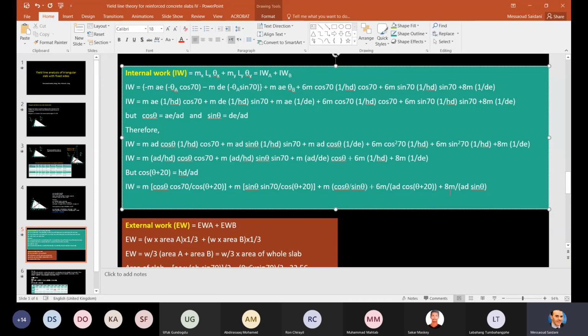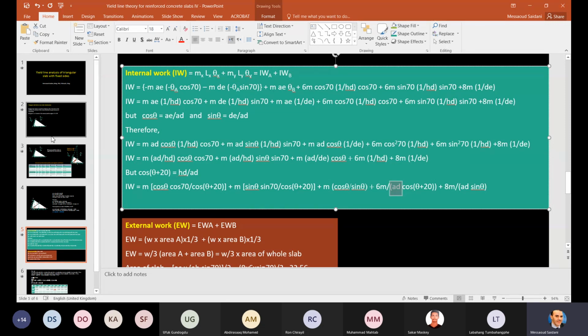That's the problem, because if you substitute AD here by cos theta times AE over cos theta, it doesn't help you because you still have AE. So we have got AD here to find, and I need to express AD as a function of theta somehow.